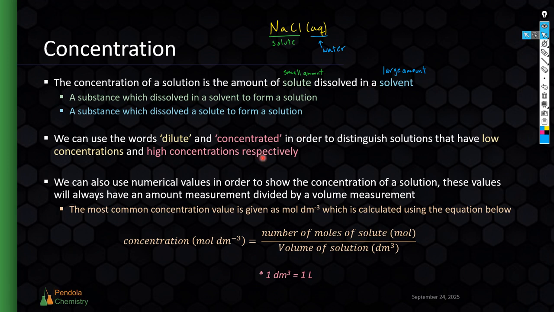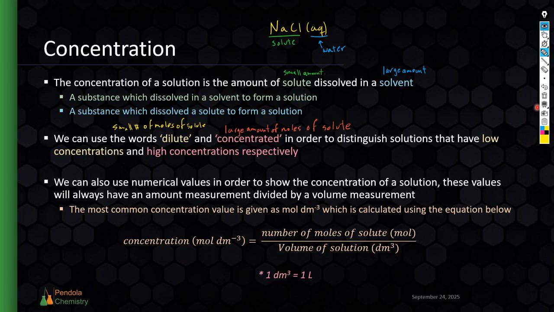So solutions that are concentrated are going to have a large number of moles of the solute, while solutions that are dilute have a small number of moles of solute. So that's what the words dilute versus concentrated mean.